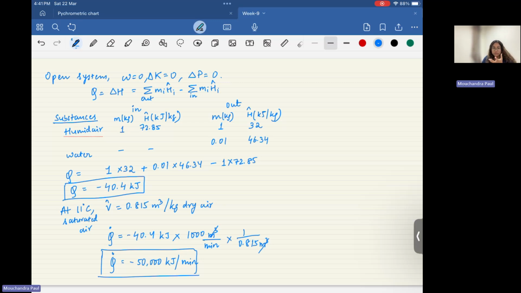That is the heat flow rate of removing heat from around 1000 meter cube per minute of air.